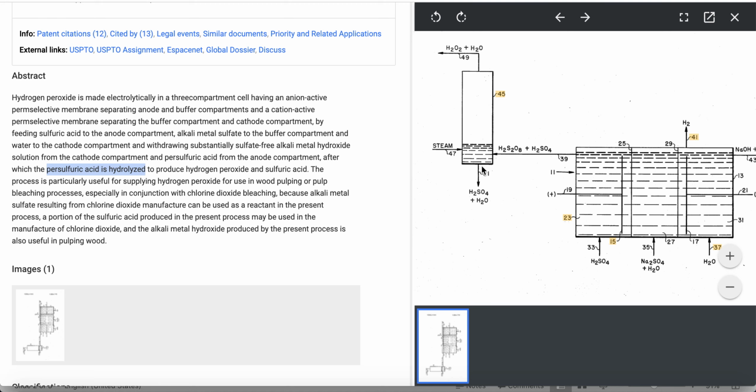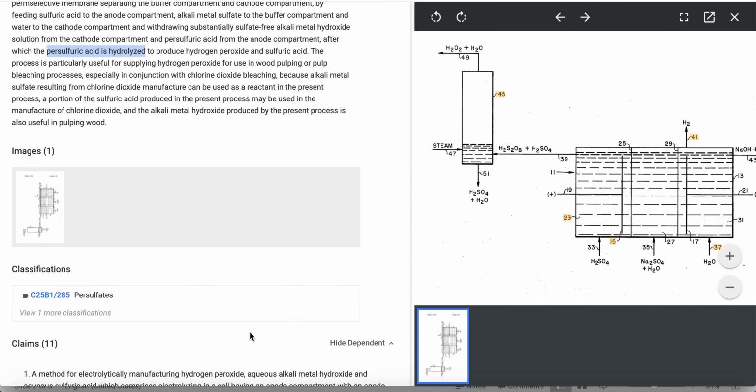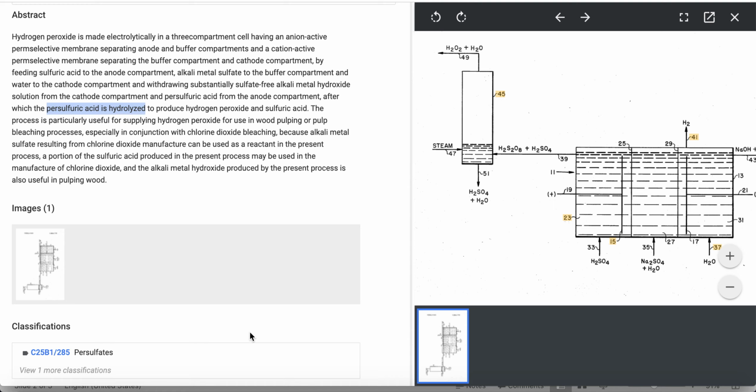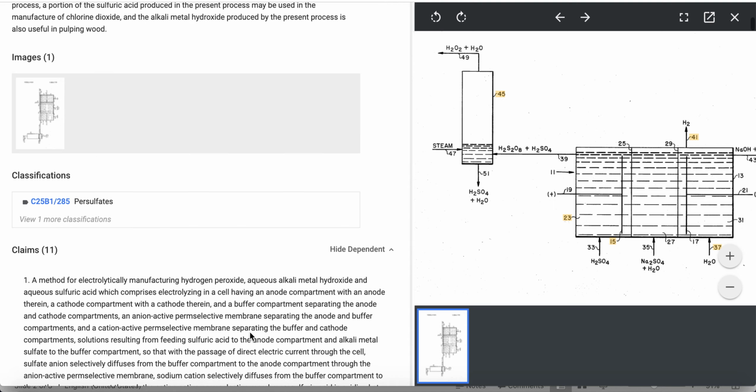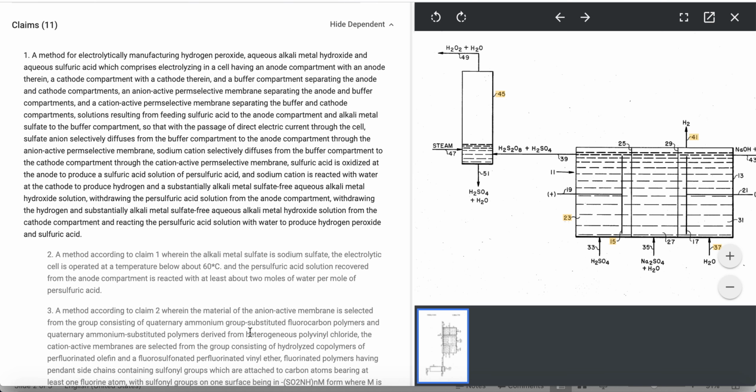That goes here. Na2SO4 is a salt, and you can buy the salt, and I'm not too sure what they do here.